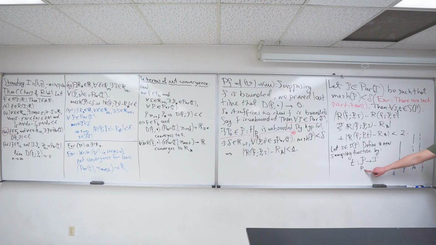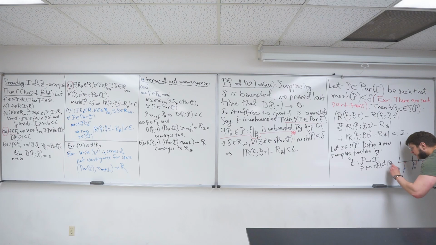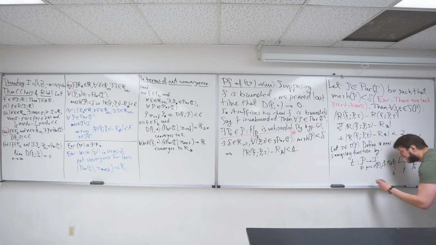It sends a typical pixel to S of P. So it samples the exact same point as those points sampled by S, except when P is P0. So P goes to S of P if P is not P0, and I'm going to use some value here, let's say alpha, if P is P0.